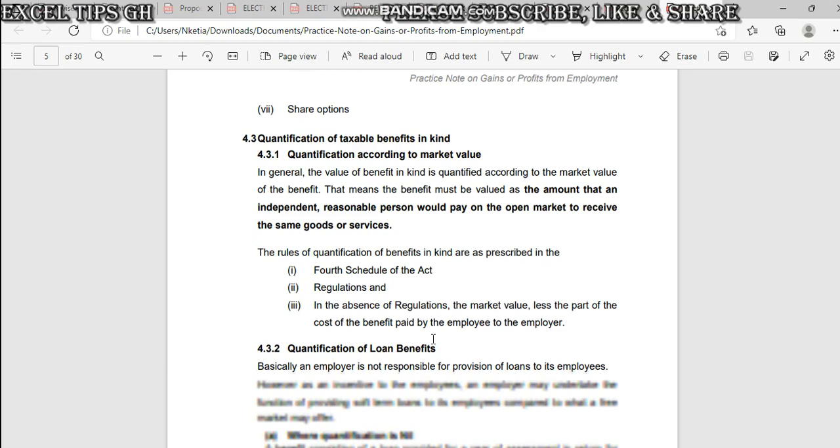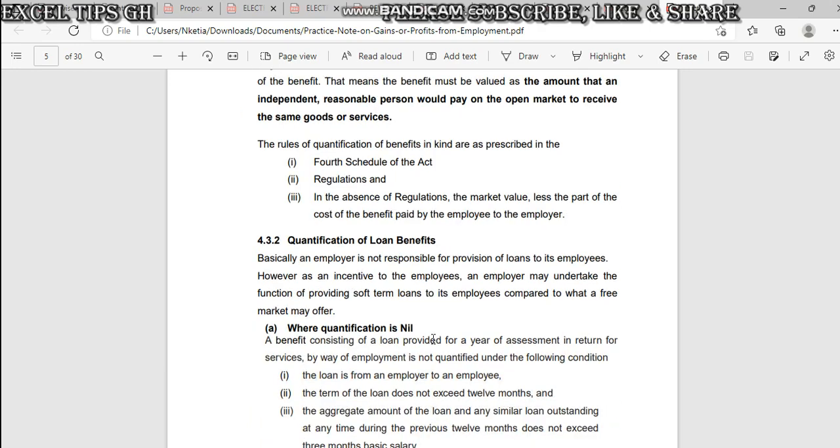Now, there is also another benefit that most companies give to their employees, most especially the financial sector. They provide loans to their employees at a lower interest rate, most often even no interest rate at all.